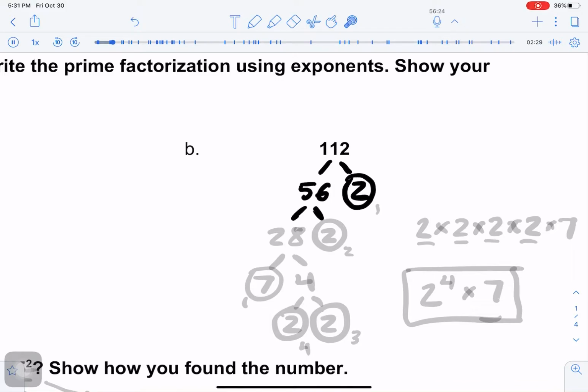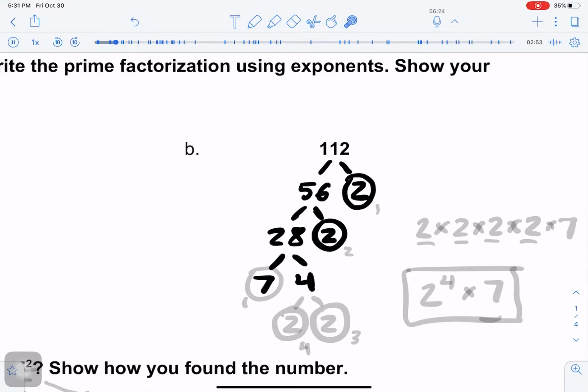I'm going to break apart 56 again. Same rule, I see that it ends in an even number, so I know it's going to be divisible by 2. When I divide this by 2, I get 2 and 28. I circle my prime number. Now I know I have to break apart 28, and I know that 7 goes into 28 4 times.